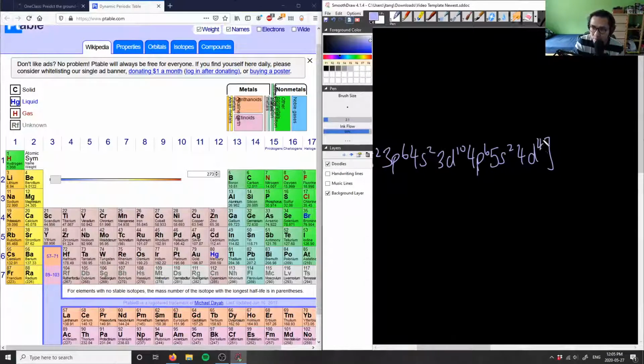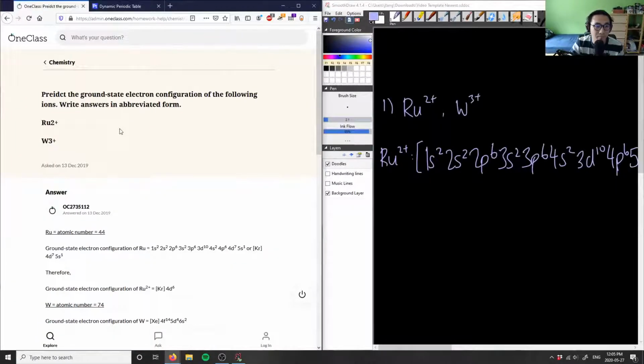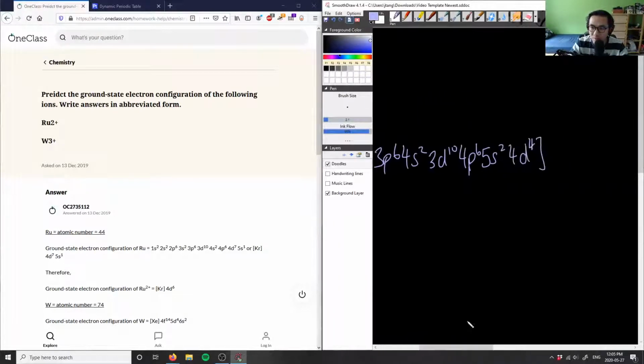But what we want here is the ground state actually. So we actually want Ru and not 2+. So this actually goes back to 6. I didn't read the question, sorry. So this is actually going to be a 6, because we want these in ground state. So it's going to be 4d6 here.